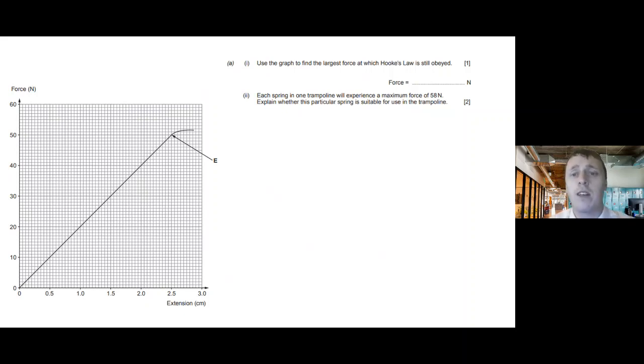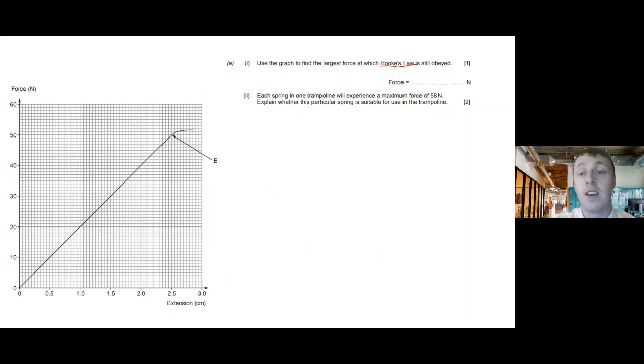Use the graph to find the largest force at which Hooke's law is still obeyed. Well, hopefully, if you have covered this, you would understand that Hooke's law is when the graph is still in that linear region, or when there's still a nice straight line, because force is directly proportional to extension.